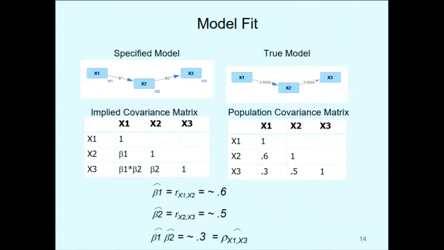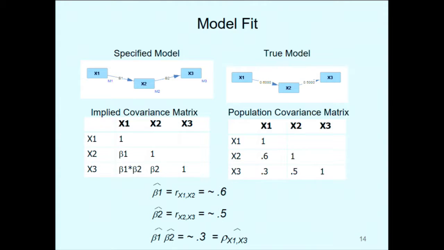Because these are standardized models, x1, x2 is 0.6. x2 and x3 is 0.5. And x1 and x3 is the product of these, 0.6 times 0.5, which is 0.3.